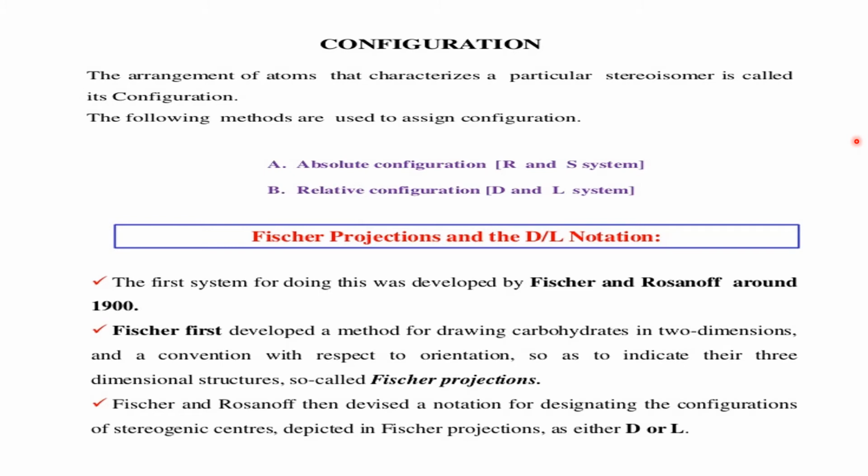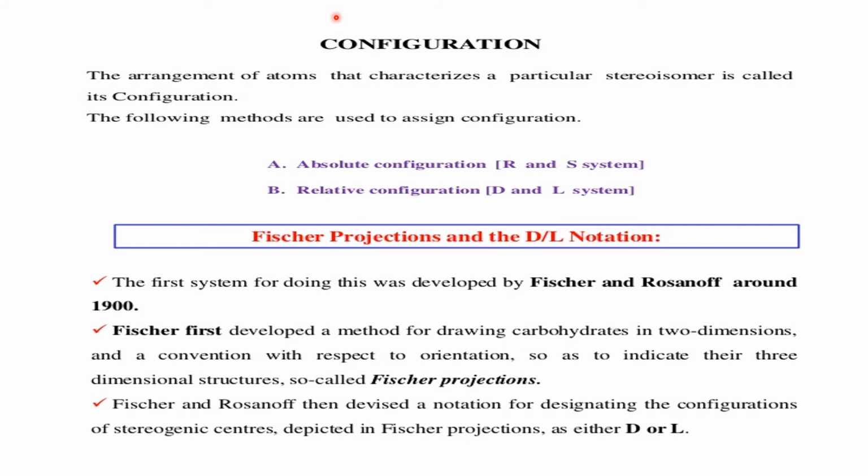Now we move to another heading, that is configuration. In stereochemistry, configuration means the arrangement of atoms or group of atoms around a particular carbon atom in a particular compound.